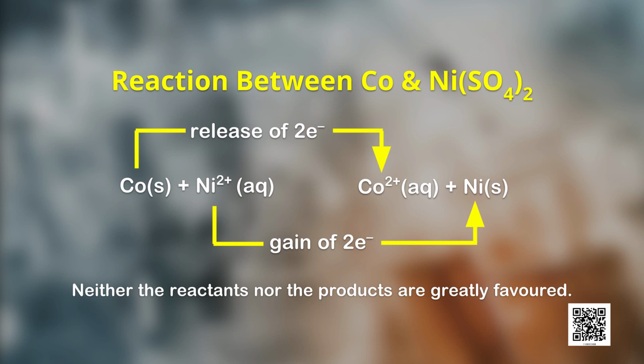In this case, neither the reactants, that is cobalt in solid state and nickel ions in aqueous solution, nor the products, that is cobalt ions in aqueous solution and nickel in solid state, are greatly favored.